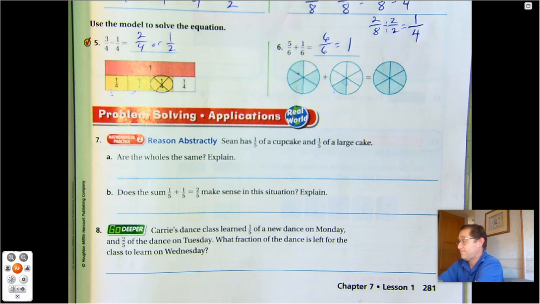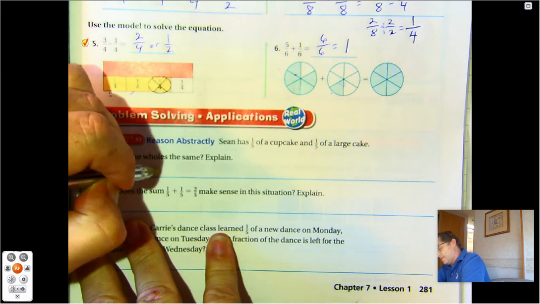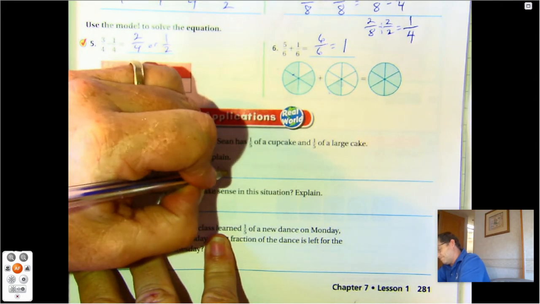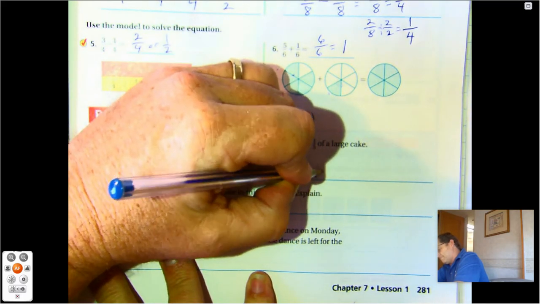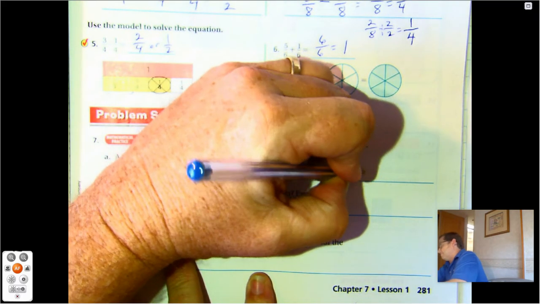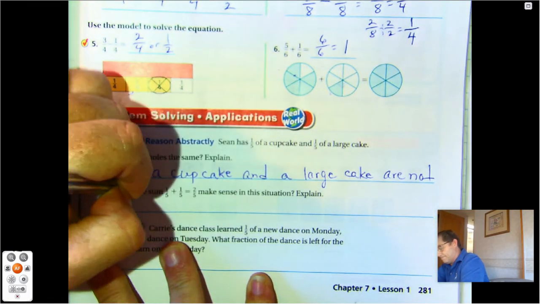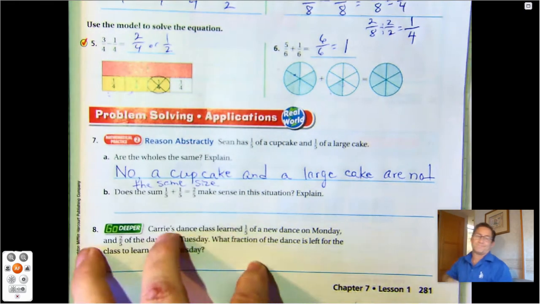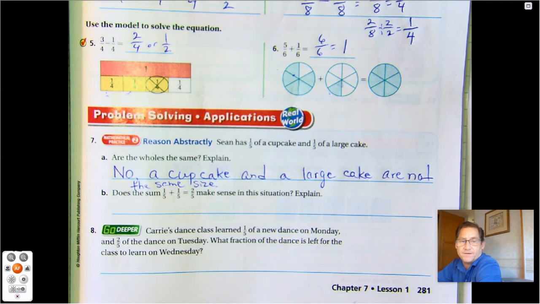No. Okay, a large cake is not the same as a cupcake, so it's not possible.